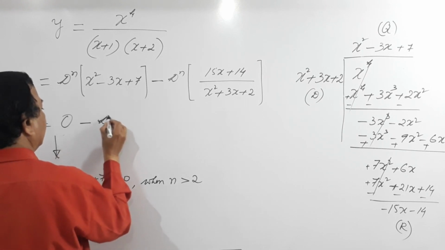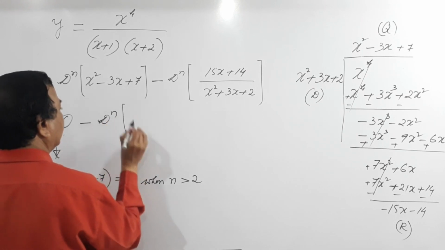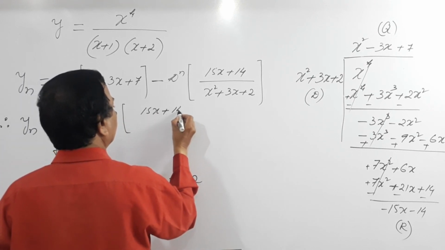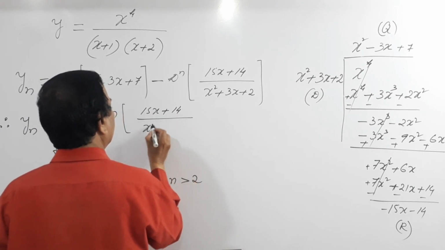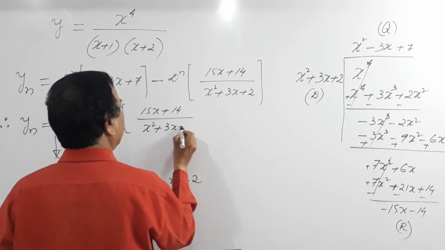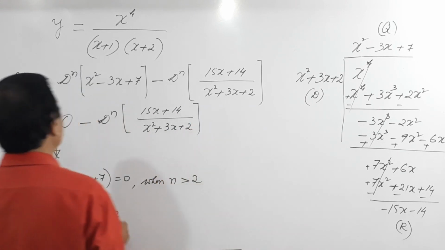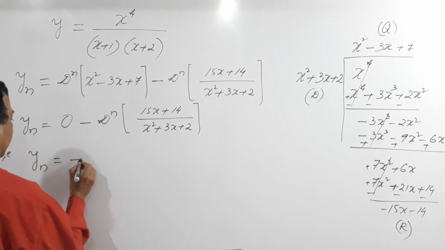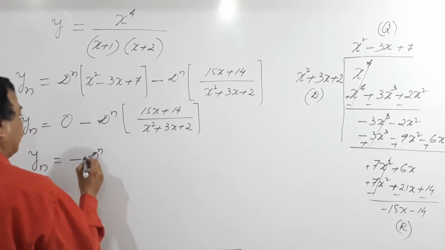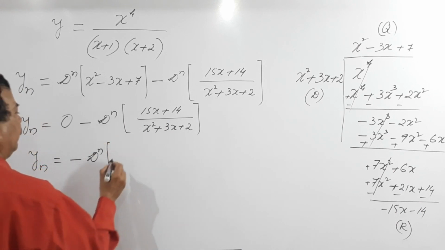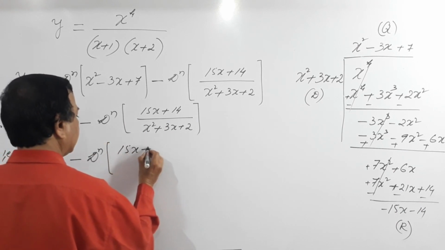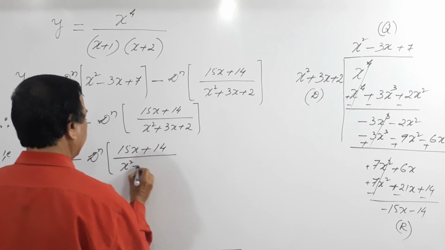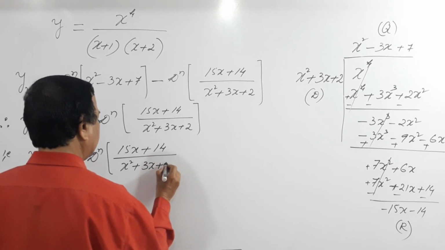Minus dn of 15x plus 14 by x square plus 3x plus 2, that is yn equals to, I'll write minus d to the power of n into 15x plus 14 divided by x square plus 3x plus 2.